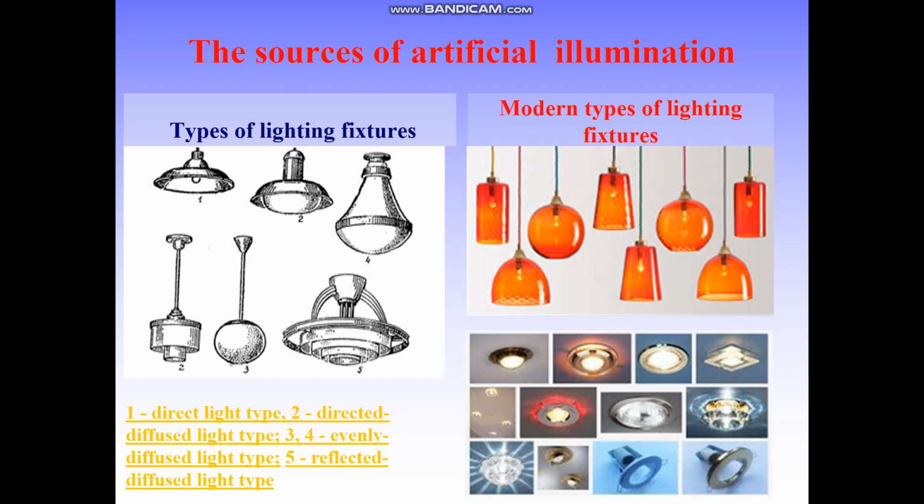The lamps of reflected light direct the most part of the light flux to the ceiling, and when the light is reflected downwards, it is the most appropriate type of lamps in the hygienic sense because of uniform, soft, and pleasant lighting for normal vision.